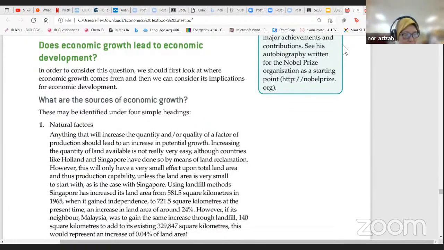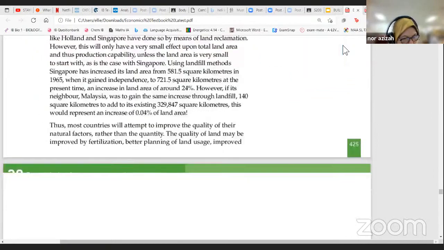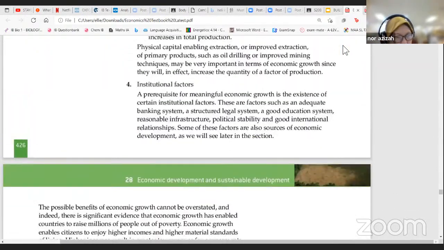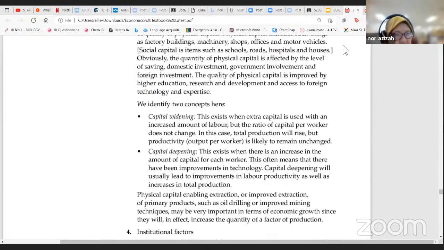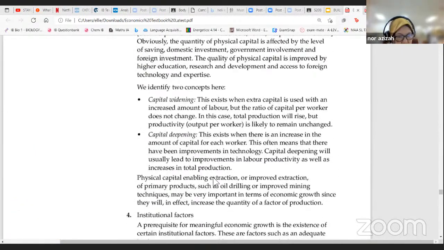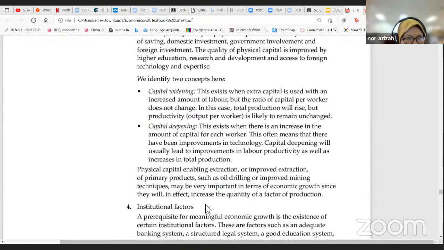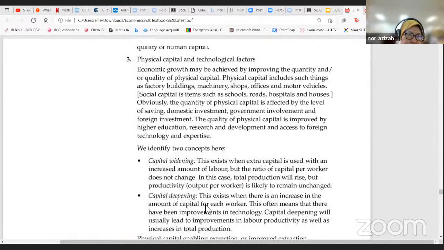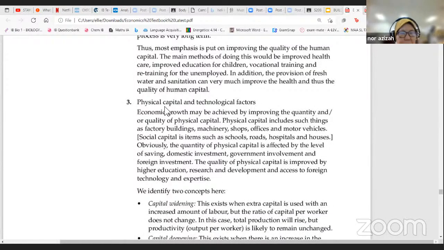Then what else did we have going down? Human capital, which is labor, and physical capital. Physical capital will be on technical factors.